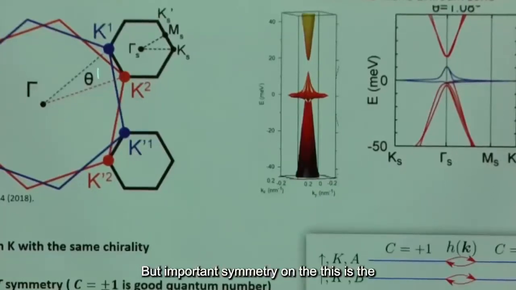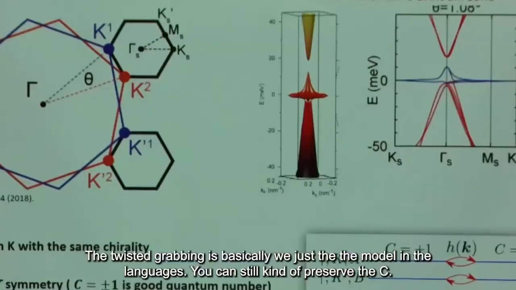But an important symmetry of twisted graphene is that you can still preserve this twisted McDonald model in the language.